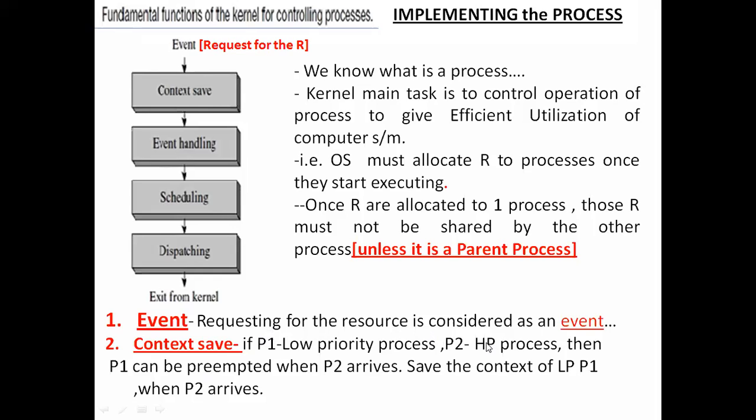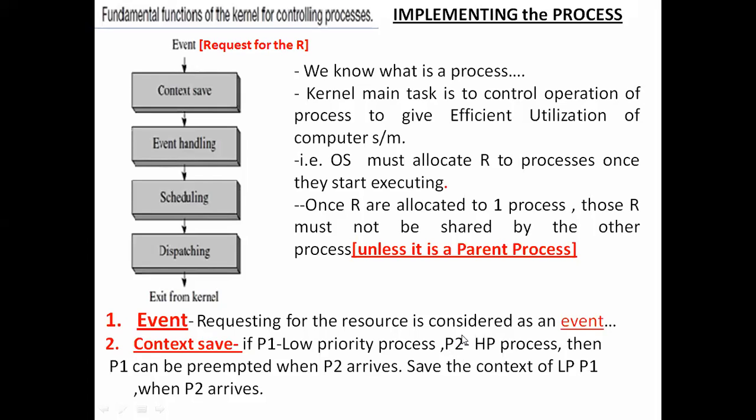If the CPU is currently executing the first process, and a high priority process P2 occurs, the kernel will preempt the low priority process P1, save the context or information related to P1 on the stack, and the CPU will now be given to the high priority process P2.